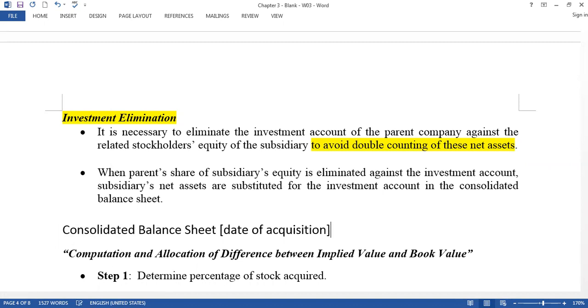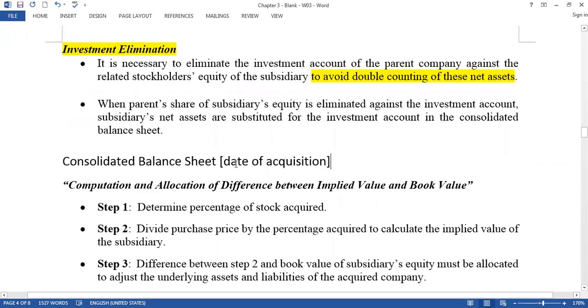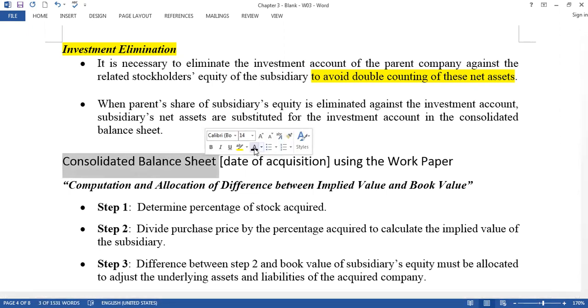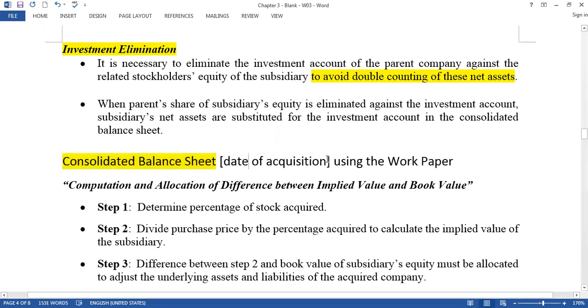If your question asks you to prepare the consolidated balance sheet at the date of acquisition using the work paper, we are going to prepare it using the working paper.